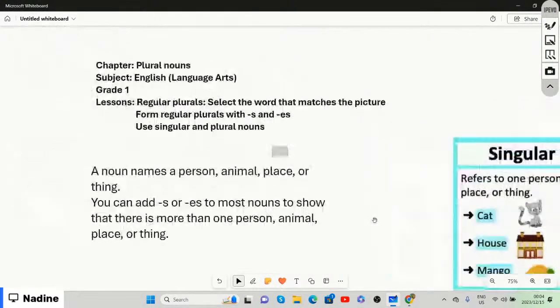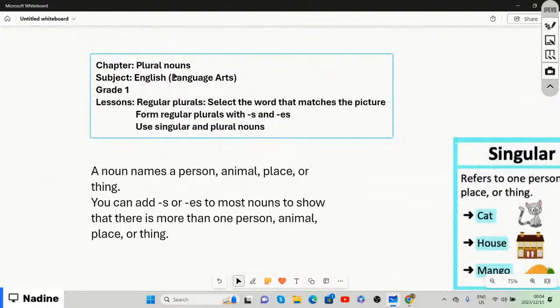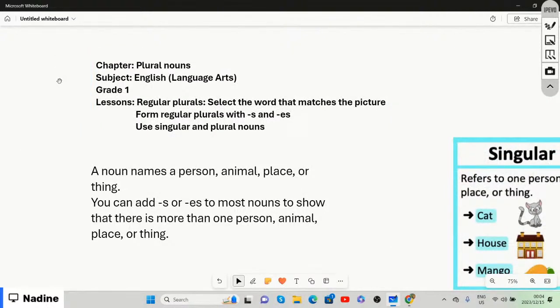Okay, so our chapter is plural nouns. Our subject is English language arts. We are doing grade 1. And the lessons that we're going to be focusing on under the chapter of plural nouns are regular plurals. We're going to select the word that matches the picture.